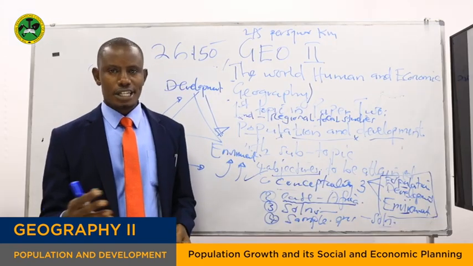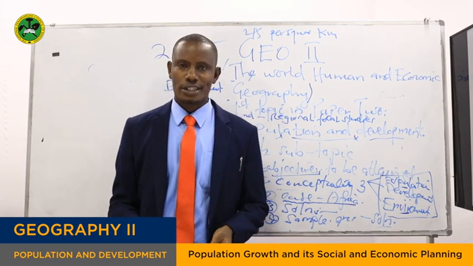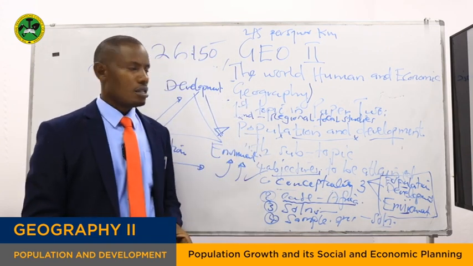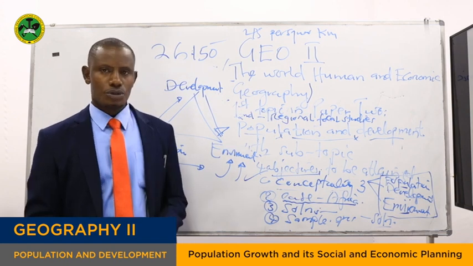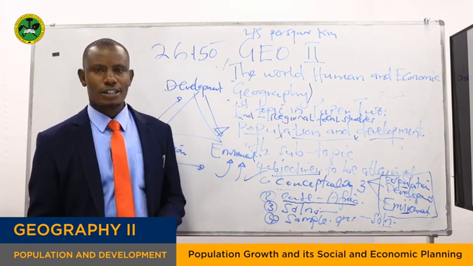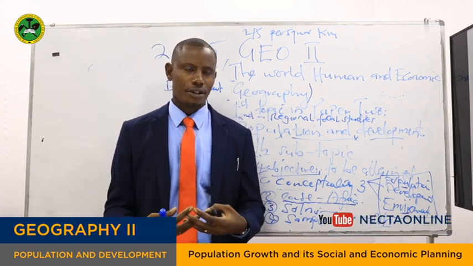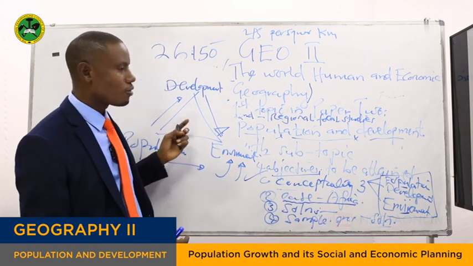So, dear students, you can just recall the set objectives when we were starting these revisions. We are targeting to establish the interrelationship among the three variables, that is population, environment, and development. I think up to the moment you are aware, you can just link the three concepts. You can recall the triangle that we had.